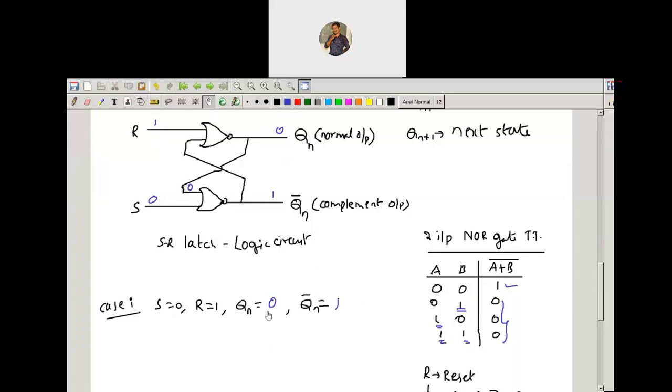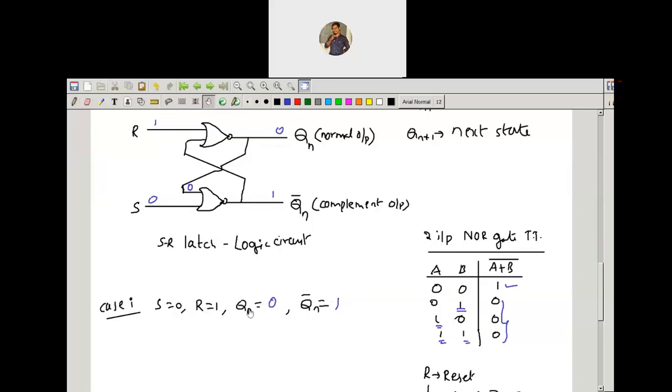Now whether you are satisfying this condition or not, you can observe we are getting Qn is 0 and the complement output is 1. That is, 0 complement is 1 only. So you are satisfying our output, and also you can observe that we are giving reset equals to 1, R equal to 1. That is you reset the output.